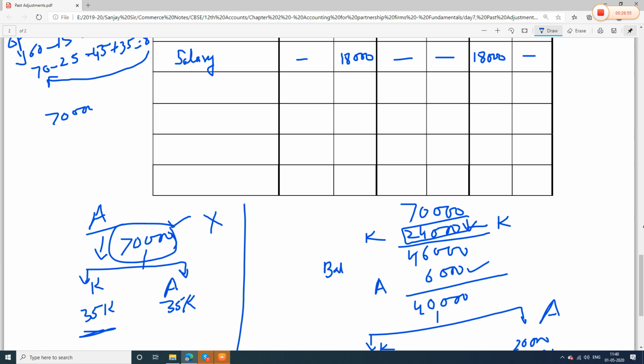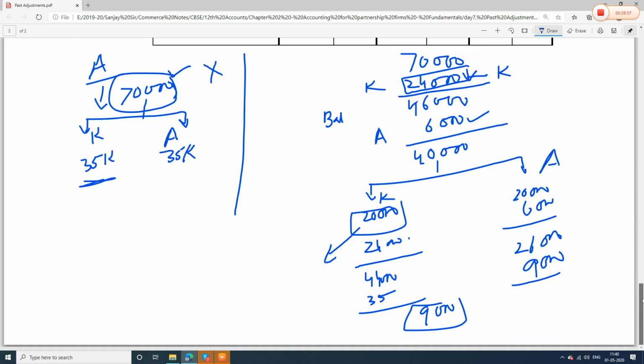So now what we have seen, Arjun got 9,000 rupees more and Karan got 9,000 rupees less because of this mistake. So what will be the adjustment? Past adjustment. That adjustment we will pass in the next year. The partner who got more, his account we will debit, and the partner who got less in the previous year, his account we will credit.